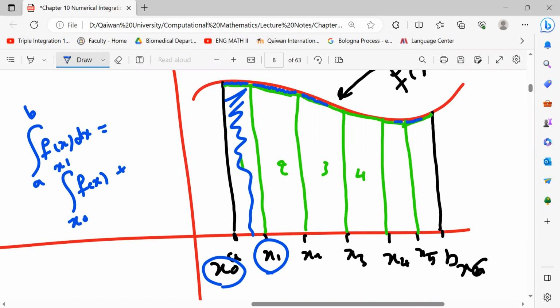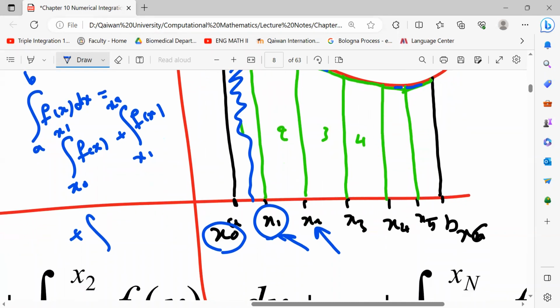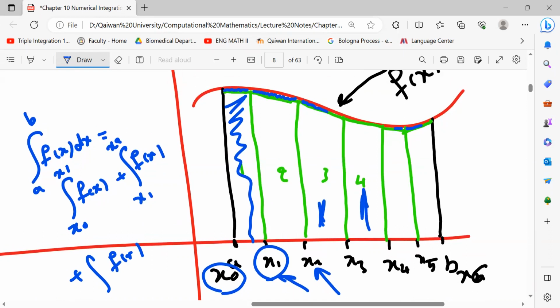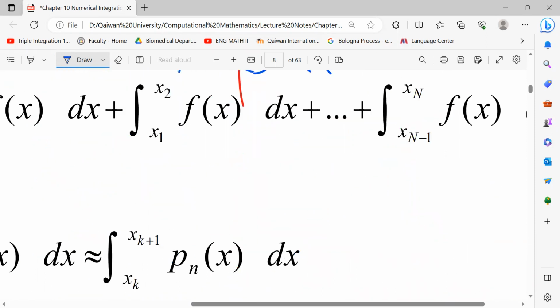Then plus the integration of the function from x1 to x2. Then plus the integration of the function over this region, this and this. It's the sum of all these integrations. Then we get the integration.